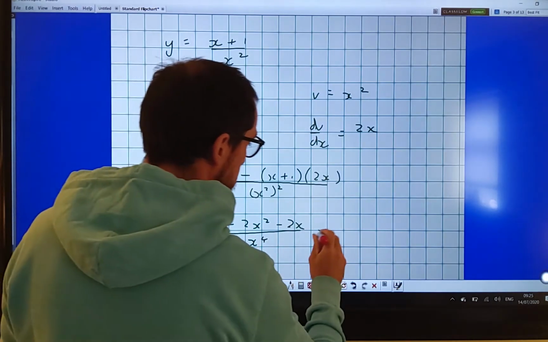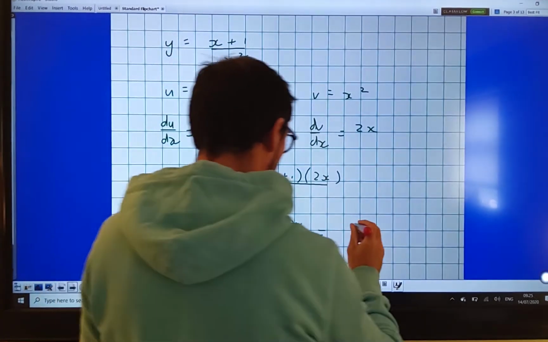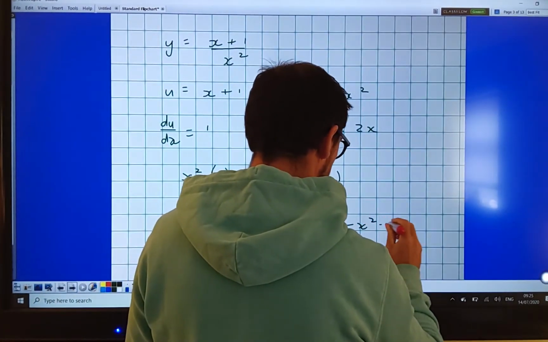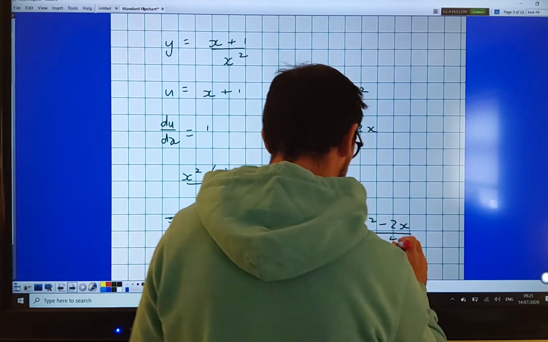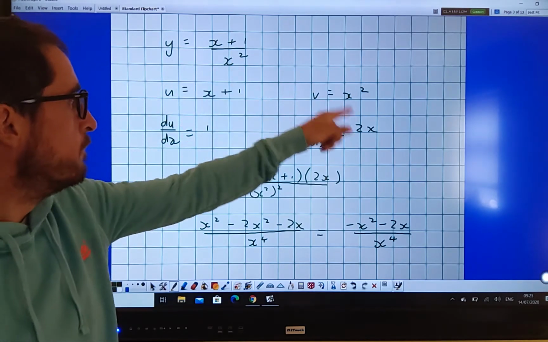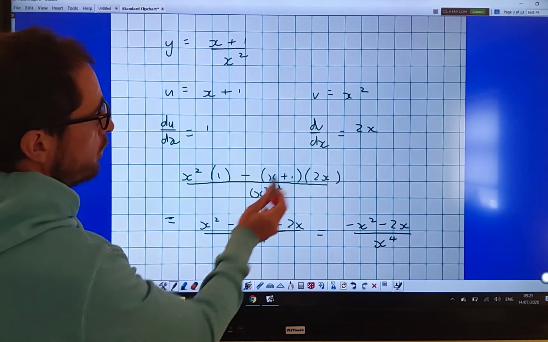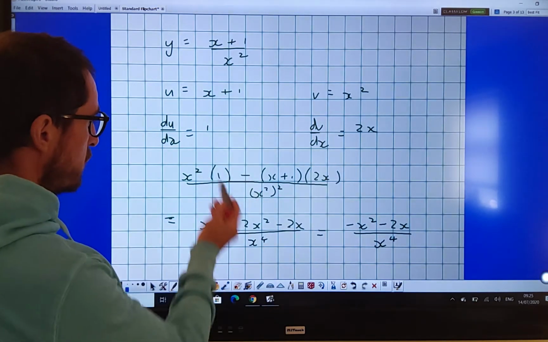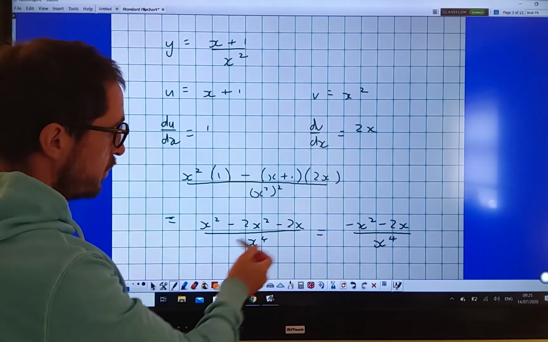And just because you're bringing this back, it's just making it neat and tidy. So that's just going to be minus x squared minus 2x all over x to the power 4. So just check your answer as well. So u, v, 1, the derivative is 2x. So it's v by du dx, u by dv dx, minus that. So that's x squared, minus 2x, so that's minus 2x squared, minus 2x, so that's right.